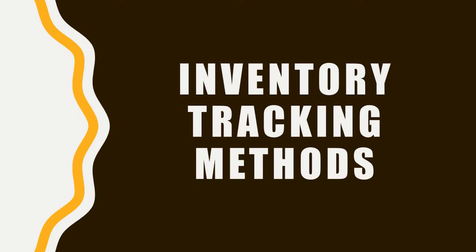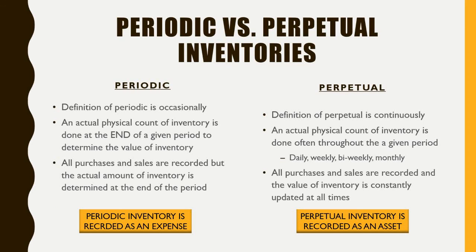Now, of course, we talked about the inventory tracking methods, right? We already talked about periodic. So for today, we're going to take chapters 5 and 6 and put them on hold for a minute. What we're going to do now is take a look and compare how chapters 7 and 8 are going to work, which is going to be dealing with perpetual inventory.